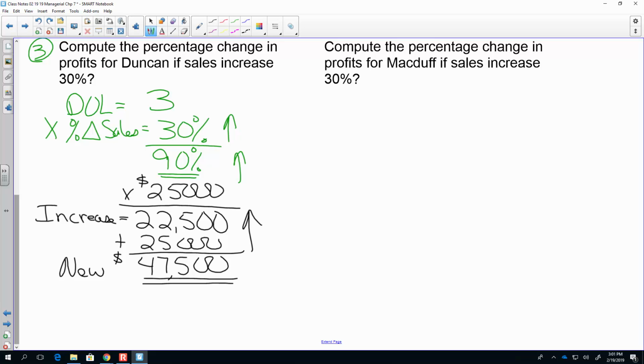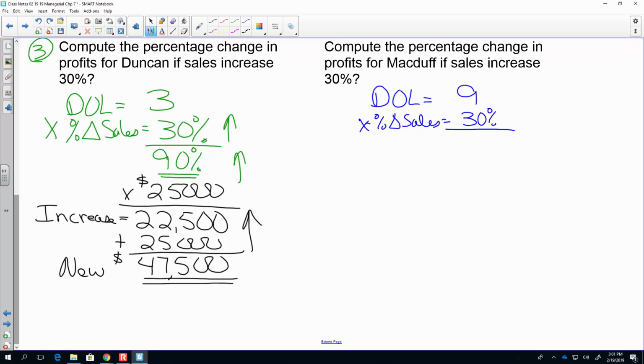Are we okay? Let's try McDuff. DOL is 9. The percentage change in sales is 30.